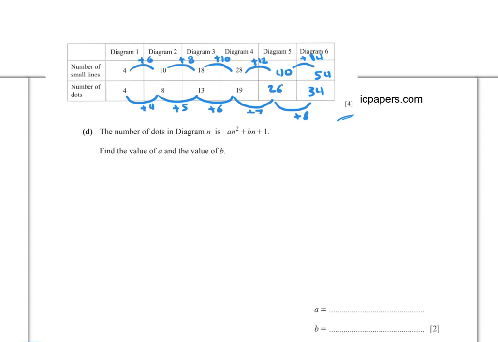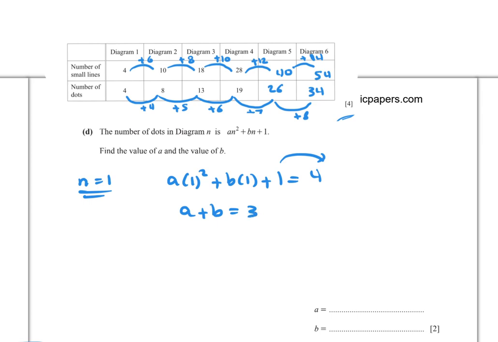So put n equal 1. So A times 1 squared plus B times 1 plus 1 equals 4. So A plus B, you can transpose 1 to the other side by subtracting. So 4 minus 1 equals 3. So this is the first equation.